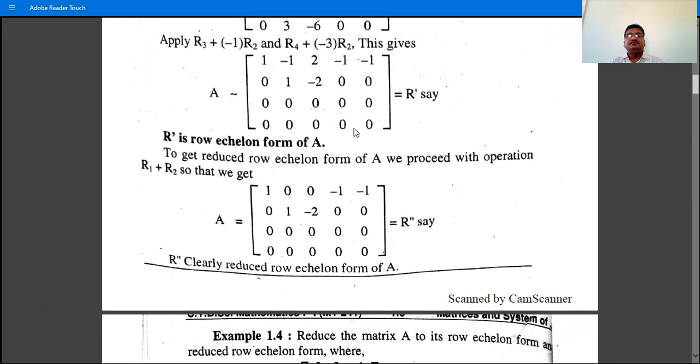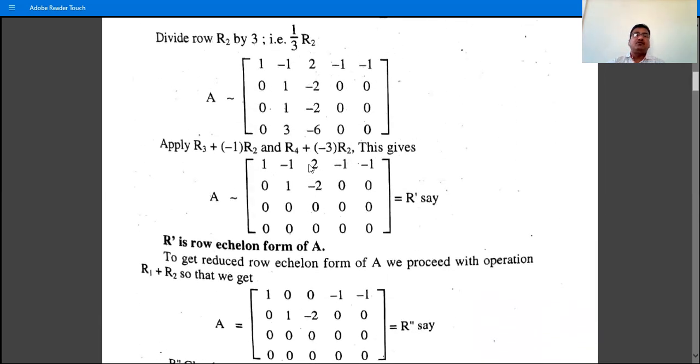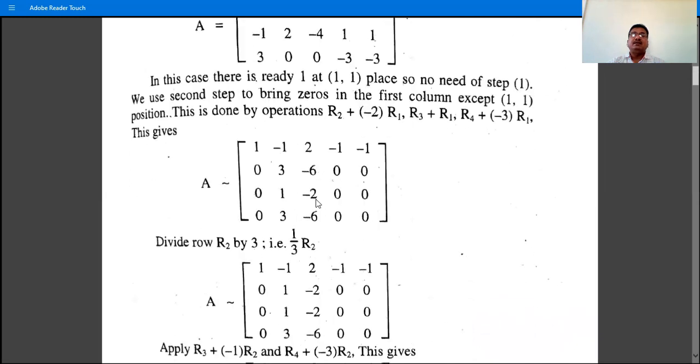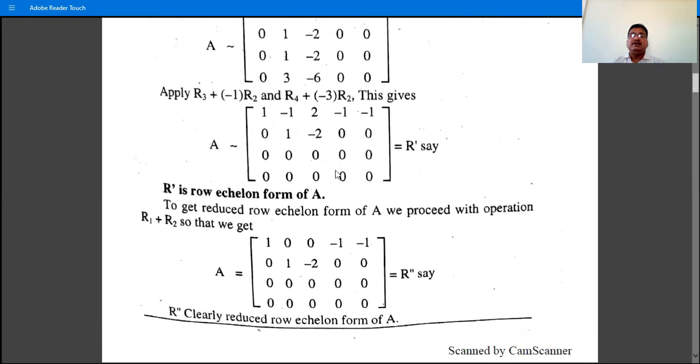If all the entries in a row are zero, then we say it is a zero row. If there is at least one non-zero element in a row, then we say it is a non-zero row. So the first row is a non-zero row, and the second is a non-zero row. There are two non-zero rows in the row echelon form of the matrix A, and therefore the rank of the matrix A is 2.